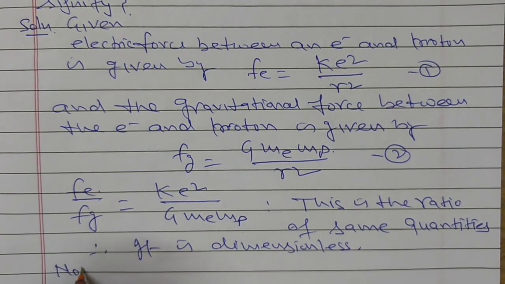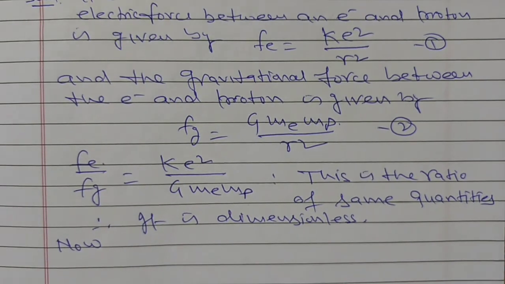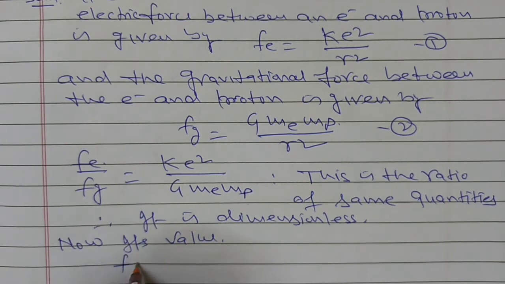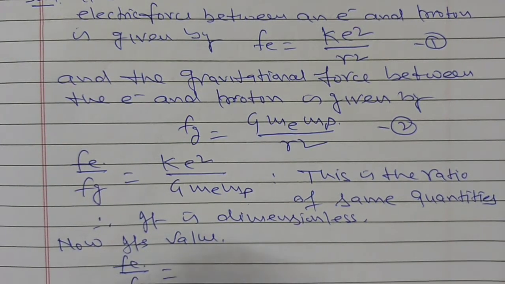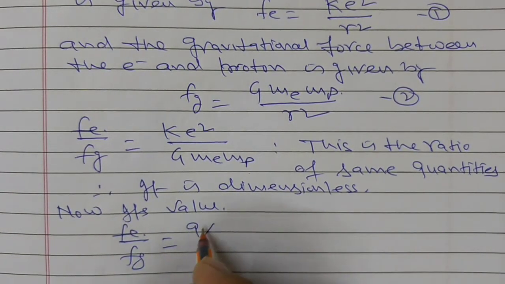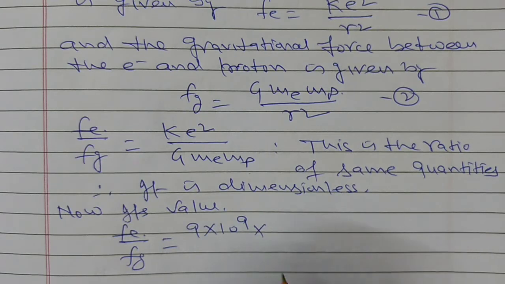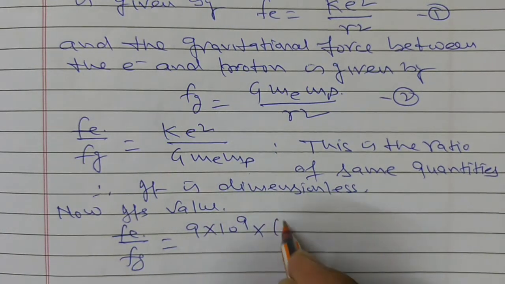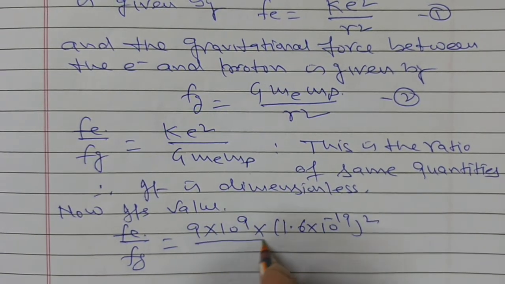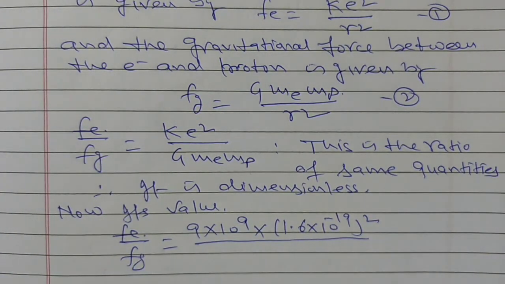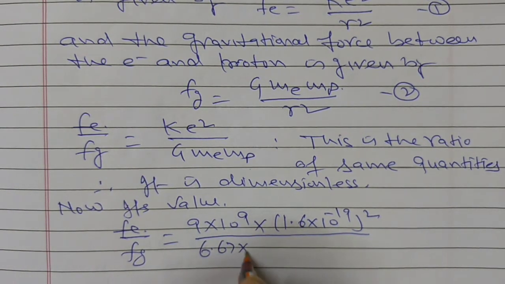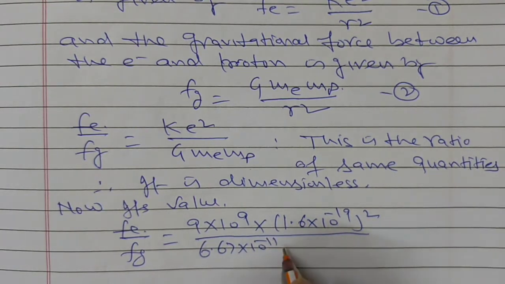Now its value: Fe upon Fg is equal to, we know that the value of K is 9 into 10 raised to power 9, and the value of e is 1.6 into 10 raised to power minus 19, whole square, upon G, capital G, gravitational constant is 6.67 into 10 raised to power minus 11.